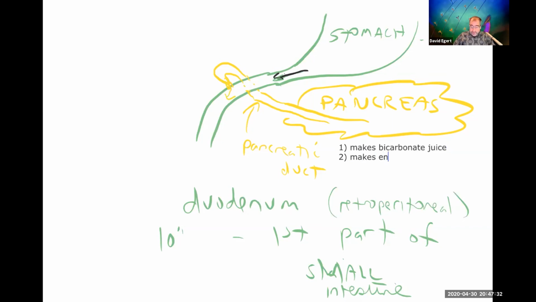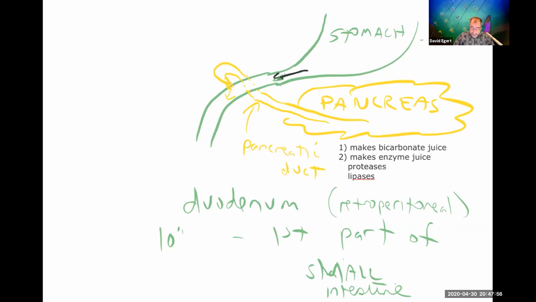it makes enzyme juice. And it makes lots of enzymes. So it makes proteases. These break down proteins. In this case, it's not pepsin, it's something called trypsin. It makes lipases.